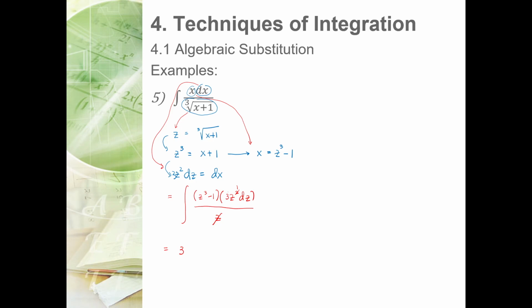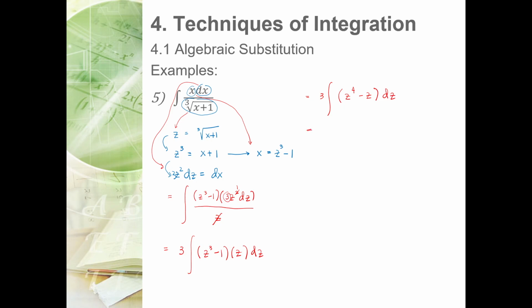So we can factor out 3 here, and this is z. So z cubed minus 1 times z dz. Further expanding, we are going to have 3 integral of z to the power 4 minus z dz.